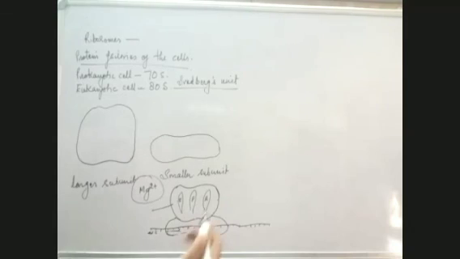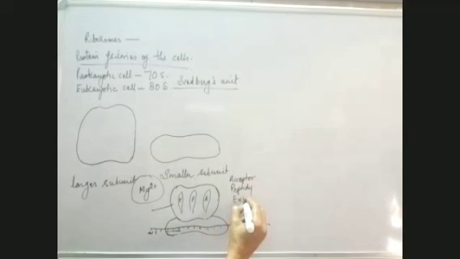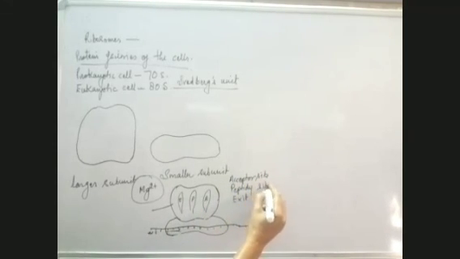So there are three sites: acceptor, peptidyl, and exit site.